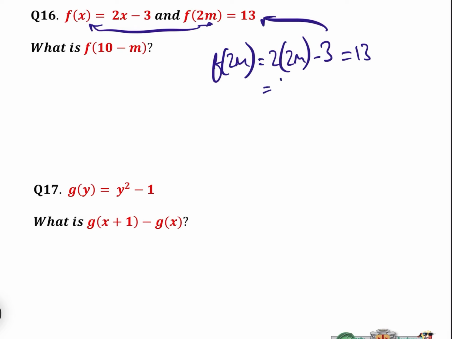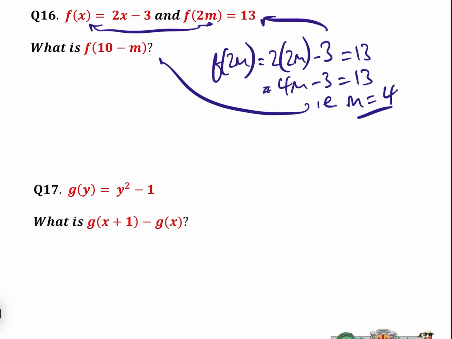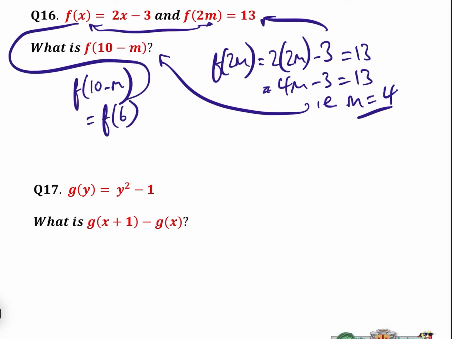Okay, so therefore, i.e. 4m minus 3 is 13, i.e. m is 4. So all we need to do now is stick m in there. So f of 10 minus m equals f of 6. And f of 6, all we now need to do is put 6 into here. So f of 6 equals 2 times 6 minus 3, which equals 9.